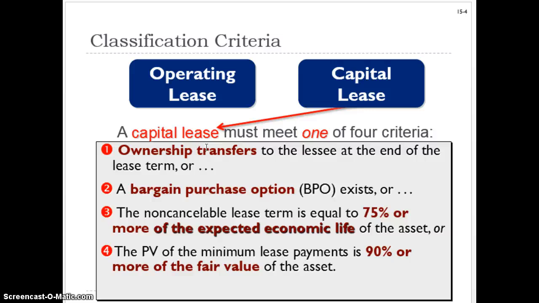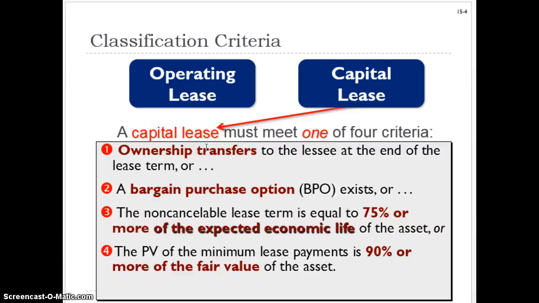So what happened is, clearly they're not taking all the automotive lifts back out of the shop once the lease is over, but it was like a loan. It was called a lease, but it was basically a loan. He paid the company over a period of time, and at the end of time, the ownership of the automotive lifts transferred to him. So it's almost like a loan situation.